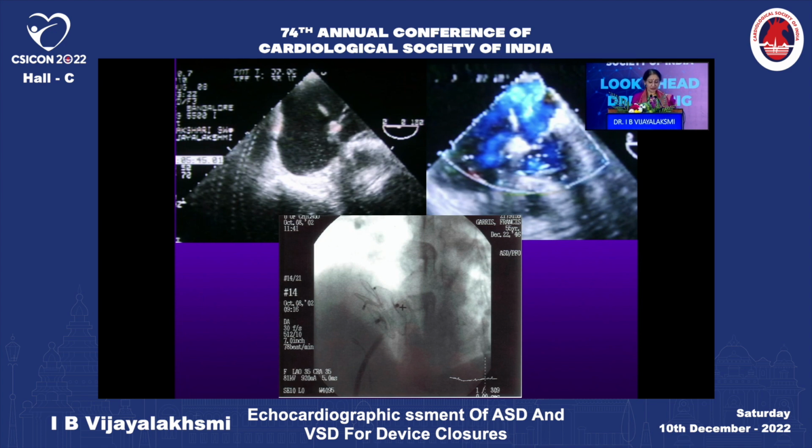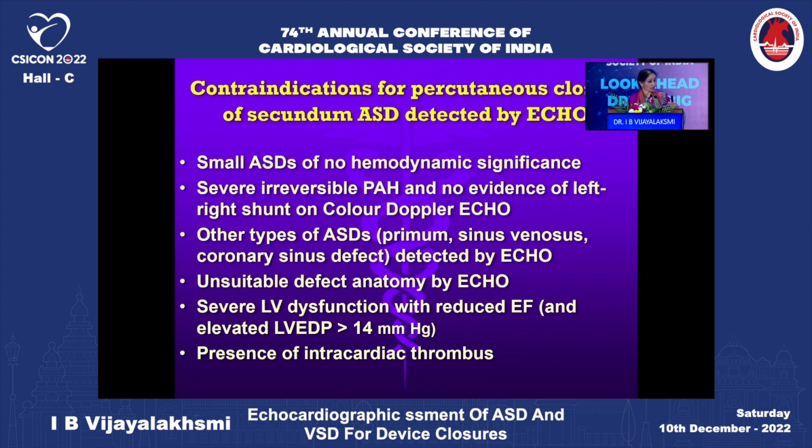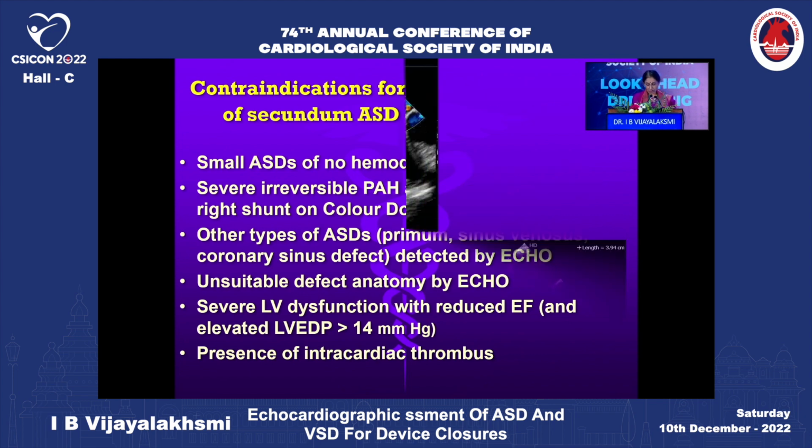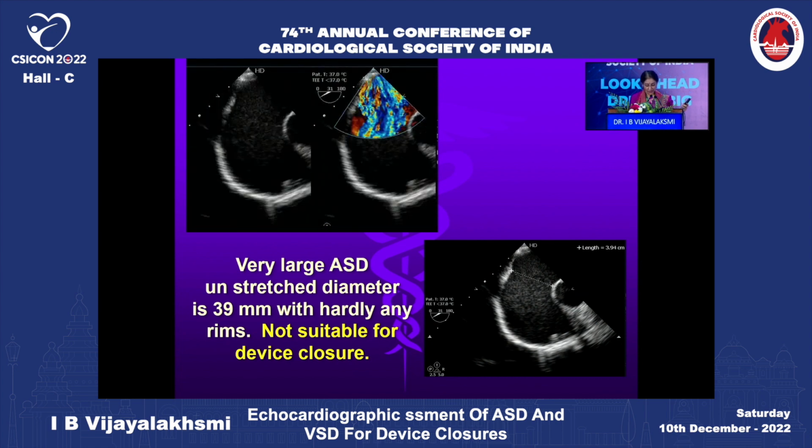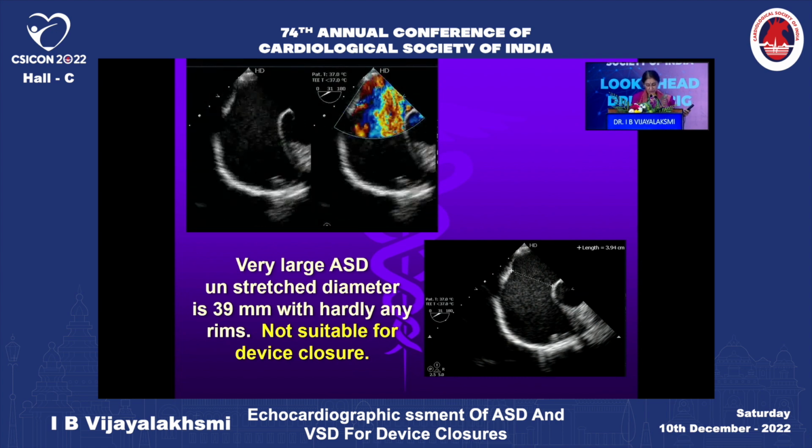And especially when there is a fenestration like this, where the tissue between the two ASDs is small, we can rupture it and make it into one single large ASD and close it. Suppose the distance is too much, then we have to sandwich the two devices in one. Apart from that, the contraindications can be made out, and with the TE, this is not suitable.